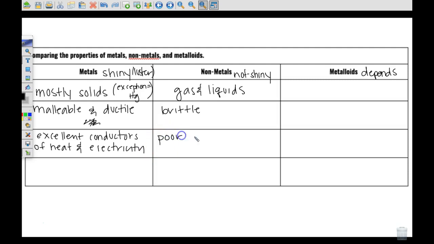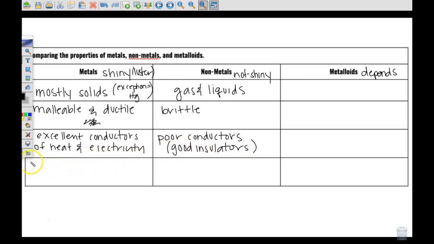Nonmetals are poor conductors of heat or electricity. But to speak of it in a more positive light, they are good insulators. So for example, if you have porcelain, which is a type of clay, they make a really excellent insulator. Think of your coffee mugs. Those are all made out of porcelain.